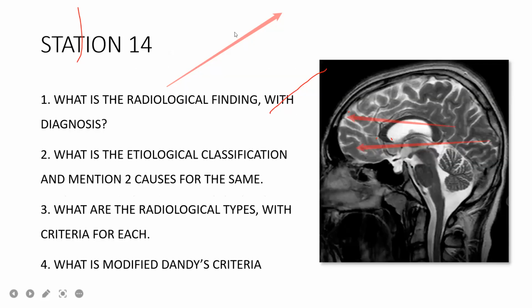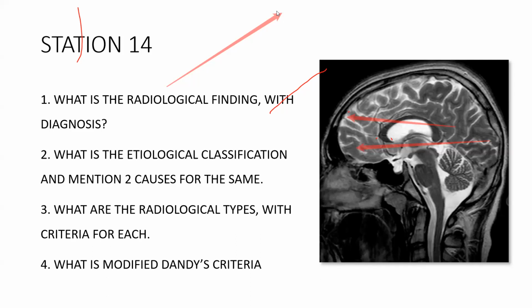So what is the radiological finding with diagnosis? When you are asked like this, you should say what the finding is and then give the diagnosis. You can see that CSF is white in this, so it means that it is a T2-weighted MRI. Over the sphenoid sinus, you can see some CSF collecting and the pituitary is not fully delineated.